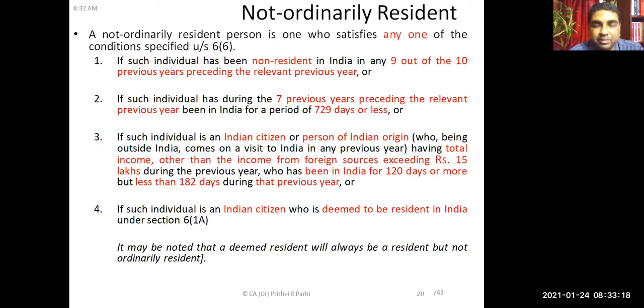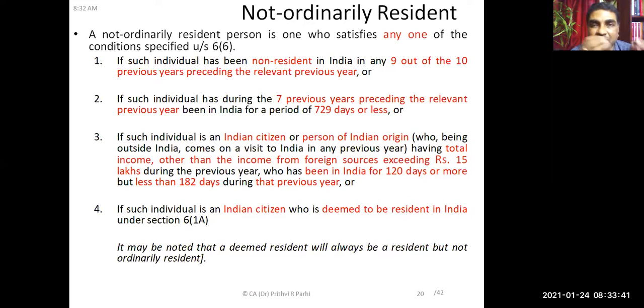Can anyone tell me? Only with respect to two categories of persons. We have two: individual and HUF. Individual and HUF, very good. So if the person is an individual or HUF, then first we'll find out what his primary residential status is. He may be a resident or a non-resident.